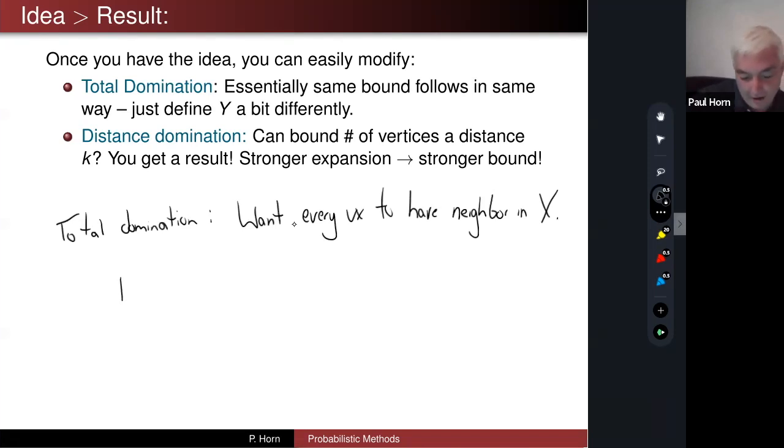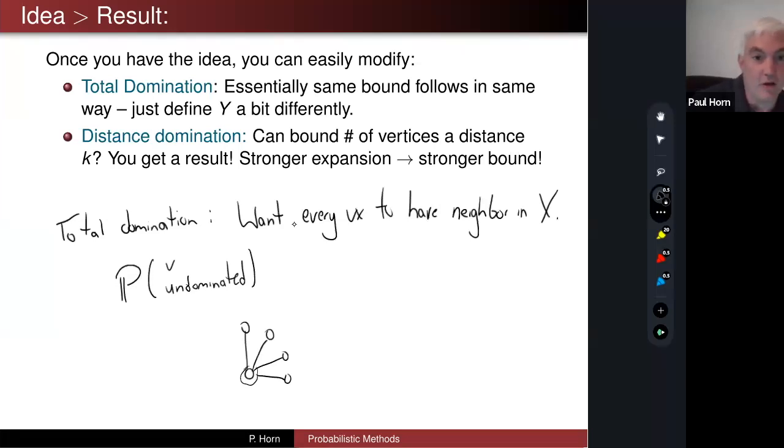I just have now that the probability that I'm undominated, well, what would it mean? I have a vertex. I no longer consider me to dominate myself.